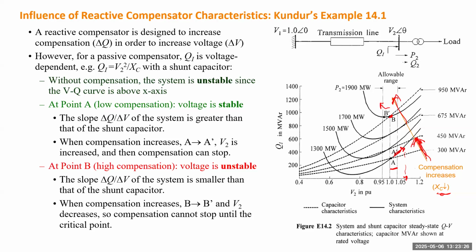So at point B, the voltage will be unstable because the slope of the VQ curve is actually smaller than the slope for the capacitor. So the system will be unstable. And such control cannot stop because the controller believes that is still the right direction to go, but finally it didn't increase the voltage. The voltage further decreased. So eventually it will reach the critical point to collapse.